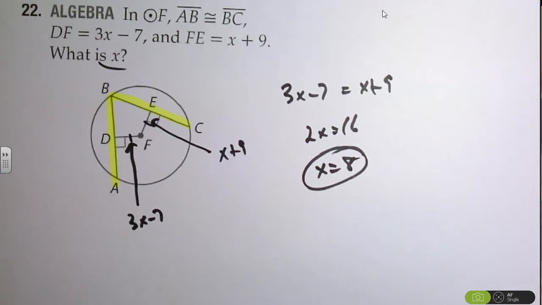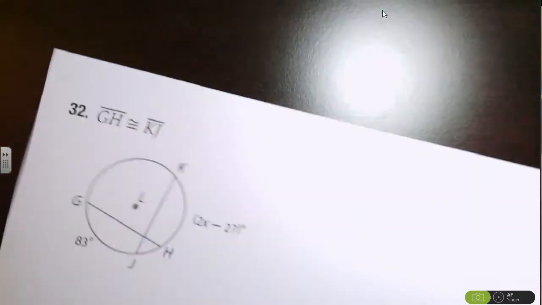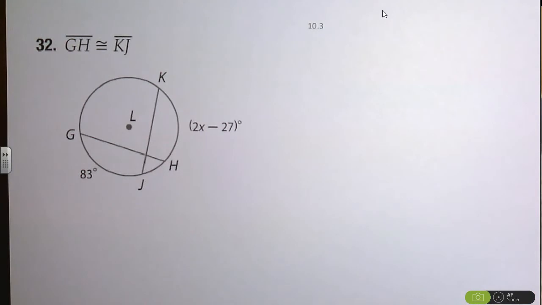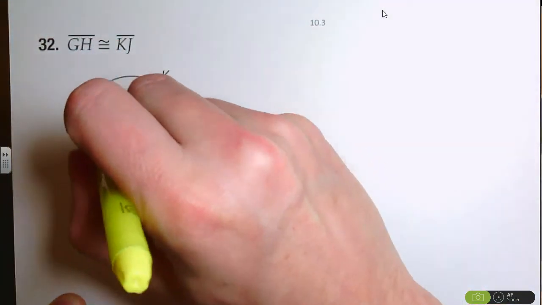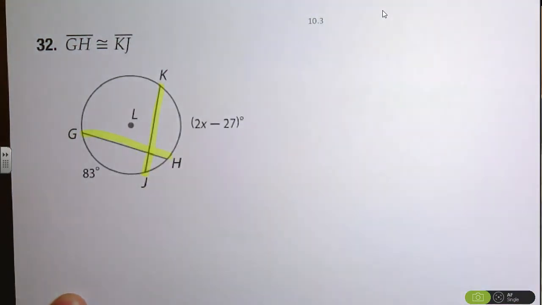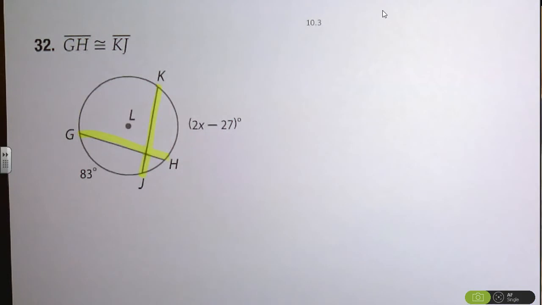Okay. And then last problem for this section to take a look at. Number 32. 32 is really a lot like the other ones, except there's some overlap here. And the theorem is that if you have two chords that are congruent in a circle, which GH and KJ are, they cut off congruent arcs.